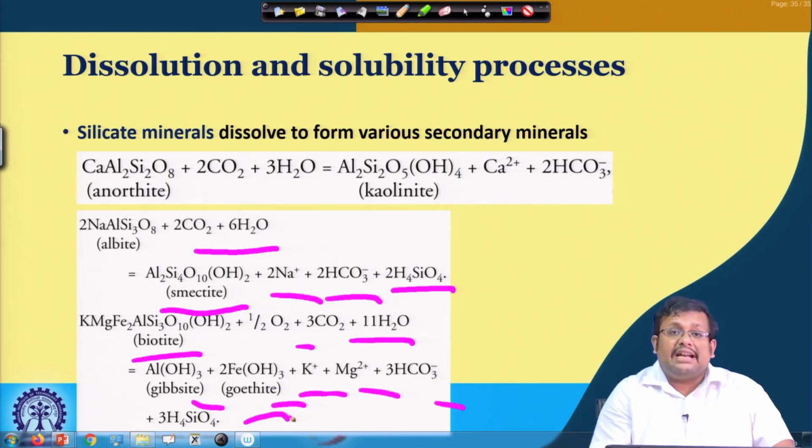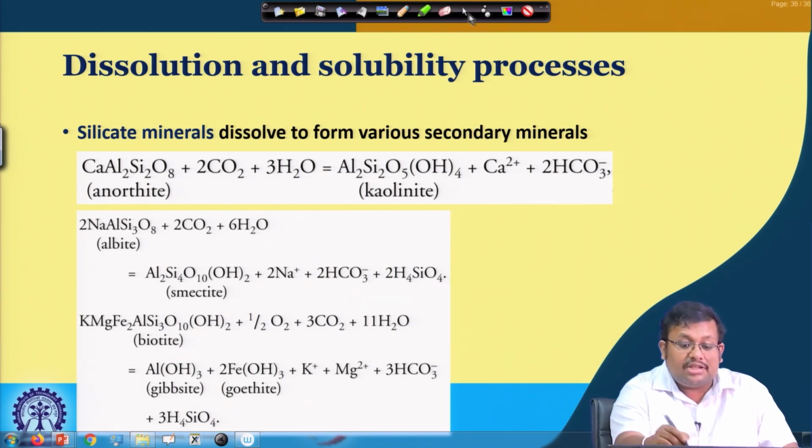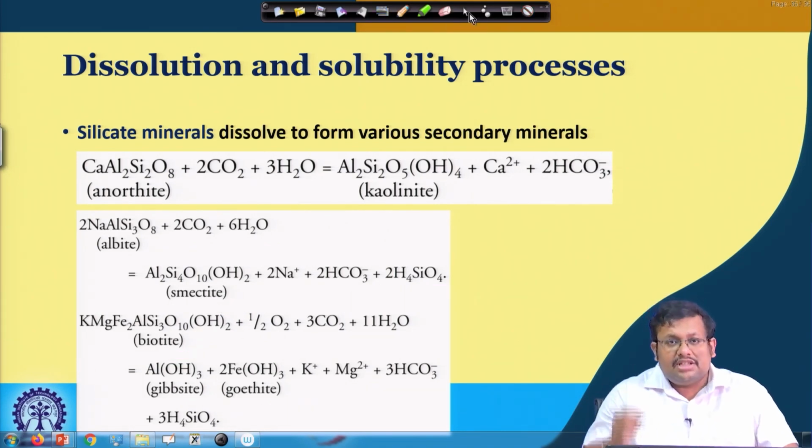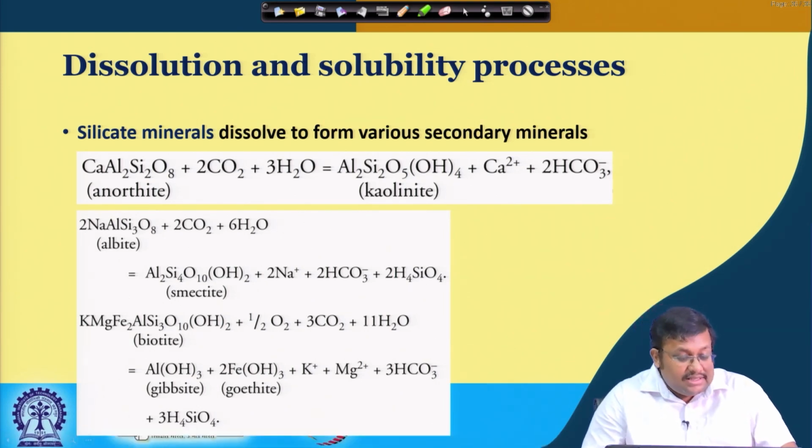So, you can see how the dissolution of different primary minerals helps in the development of different secondary minerals in the soil, and that is why the dissolution and solubility processes are very important for the formation of soil as well as for the weathering process.